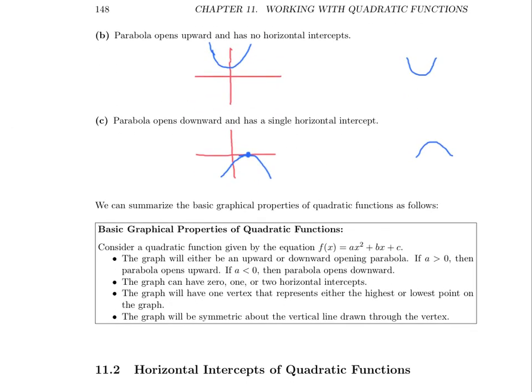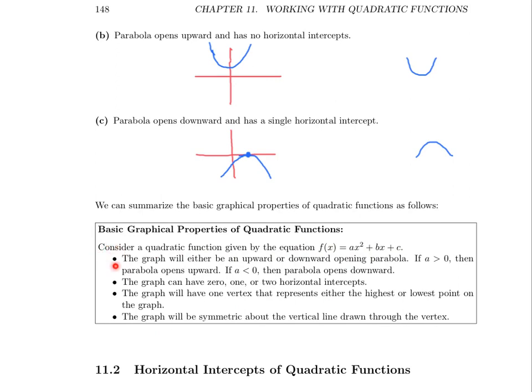So we close this screencast by summarizing the graphical properties of quadratic functions that we have observed. So consider a quadratic function that is given by this equation, f of x equals ax squared plus bx plus c.